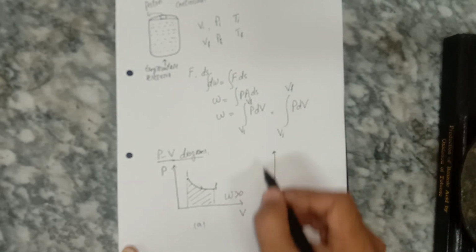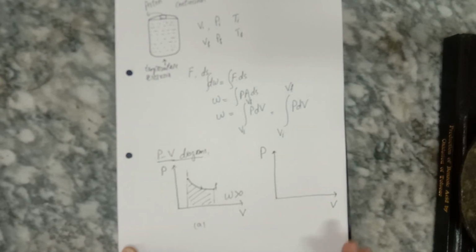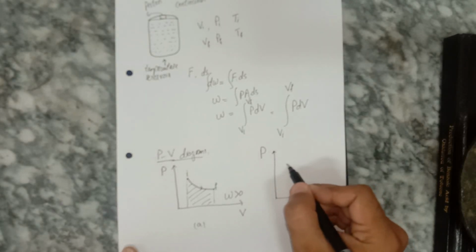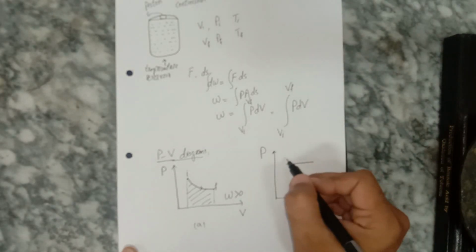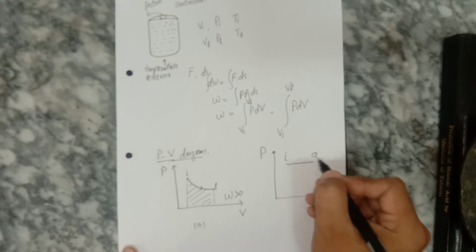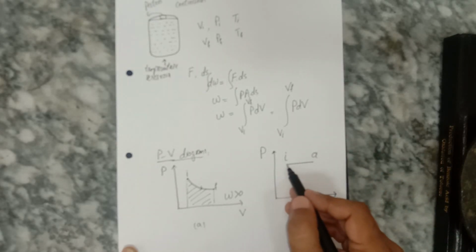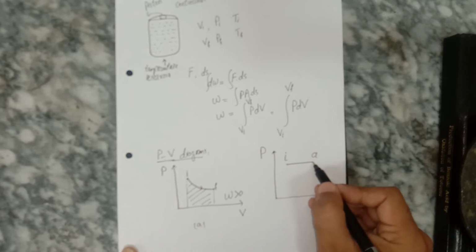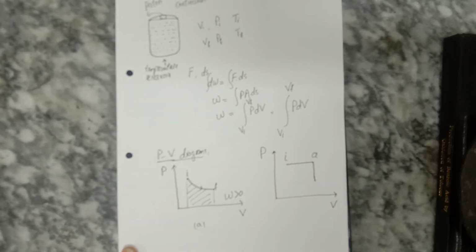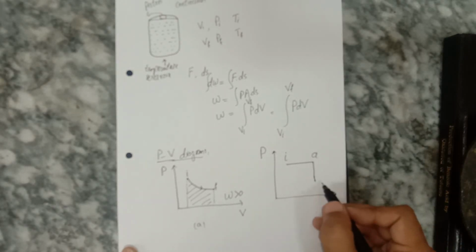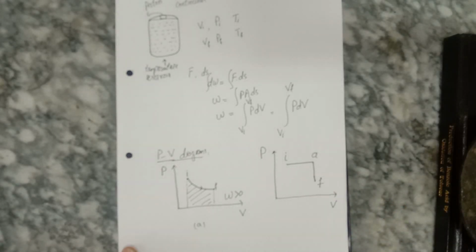This is my volume and this is pressure along the y-axis. Suppose the system first moves from this initial point to a point A at constant pressure, and then the pressure decreases, or you can say it goes at constant volume, to my final state as I have written it down.